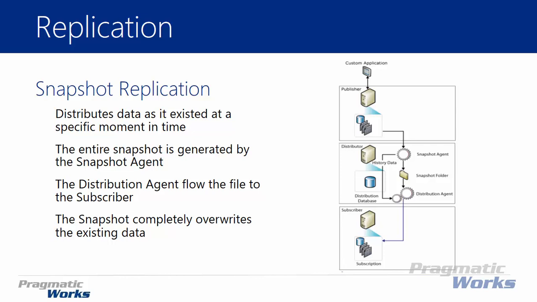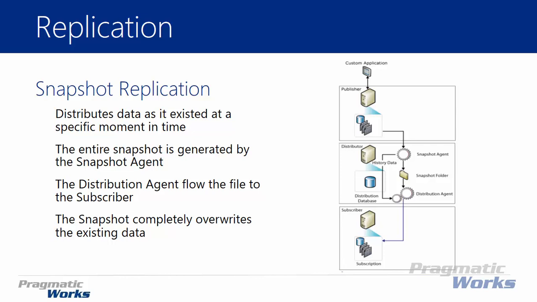The entire snapshot is generated by our snapshot agent. Our distribution agent flows the data file to our subscriber, and this snapshot completely overwrites the subscriber that was there. So any data that was there prior to that is lost. If any changes were made at that subscriber, they're completely overwritten.